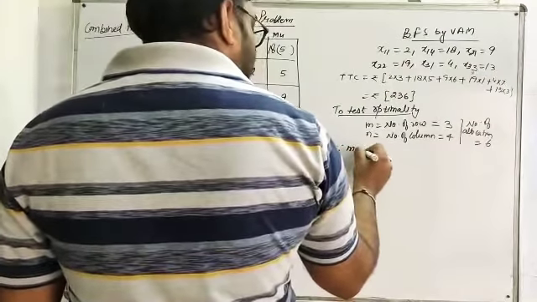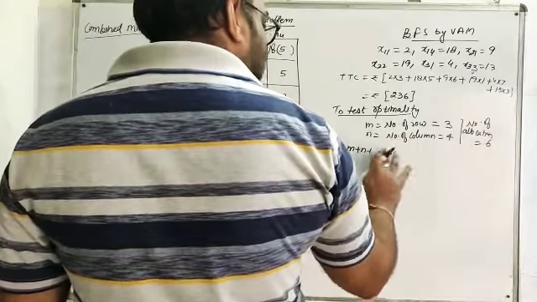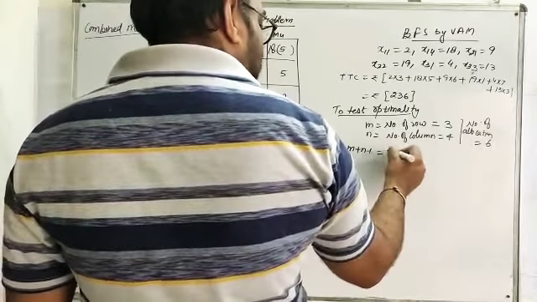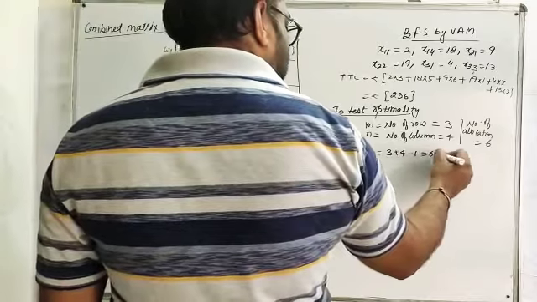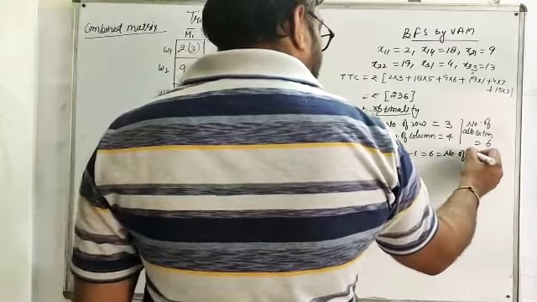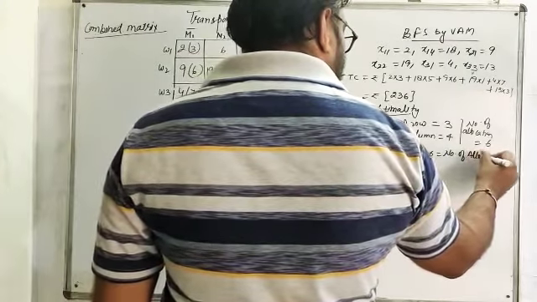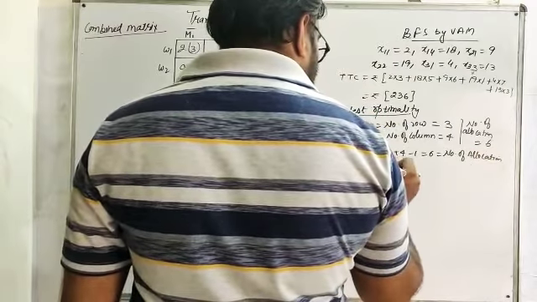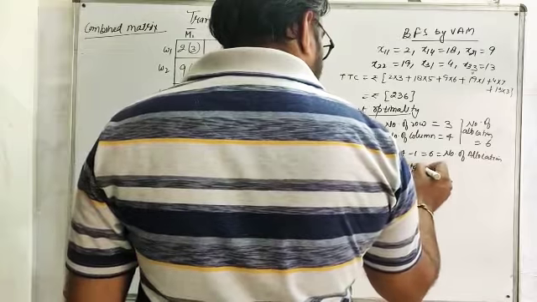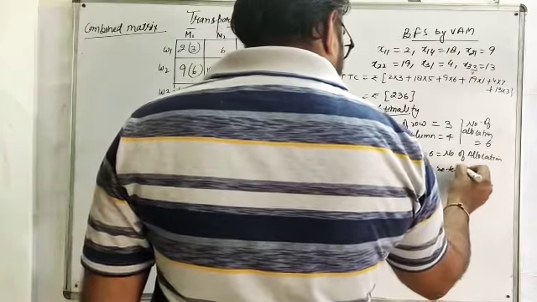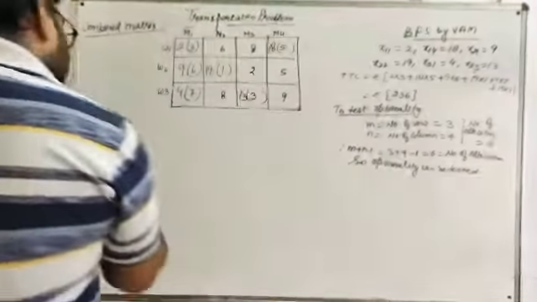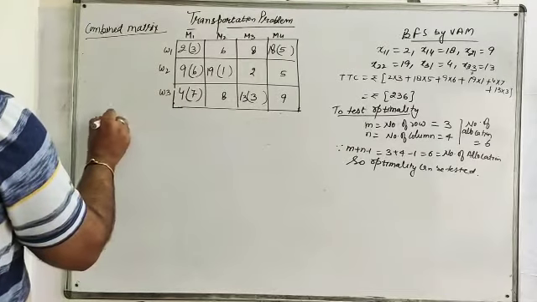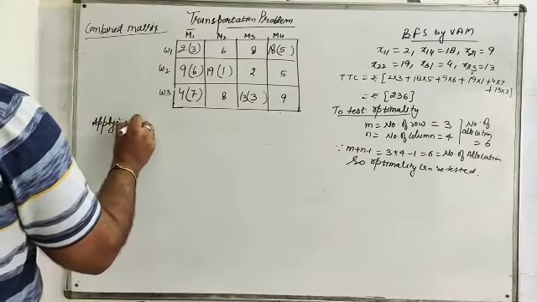Since m plus n minus 1 is equal to 3 plus 4 minus 1, which is 6, equal to the number of allocations, optimality can be tested. So applying the Modi method.